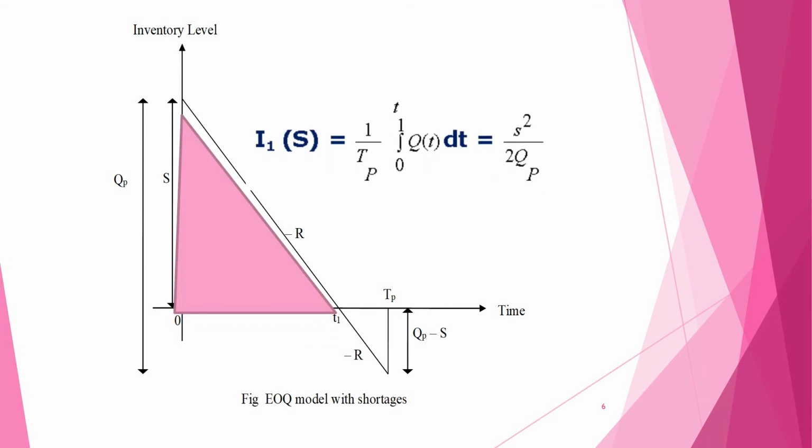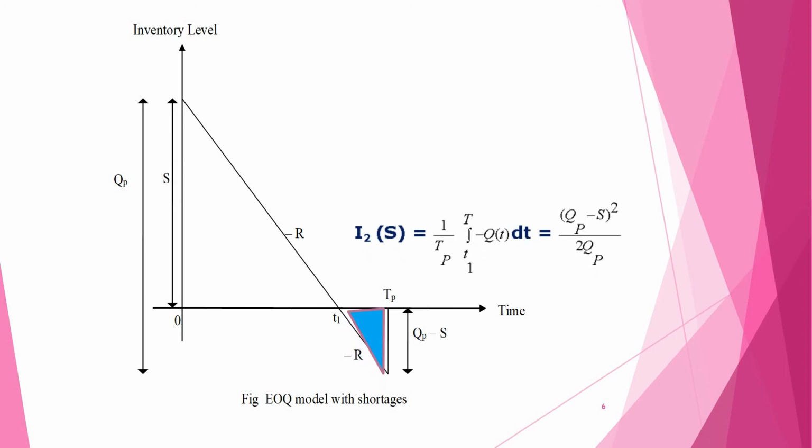Now to find the total inventory carried by the inventory system during 0 to T1 per time unit, shown by the green shade, it can be computed as I1 of S equal to 1 upon TP integral 0 to T1 Q of T dt, and Q of T we had already worked out as S minus R into T. Integrating and simplifying will give positive inventory as S square upon 2QP.